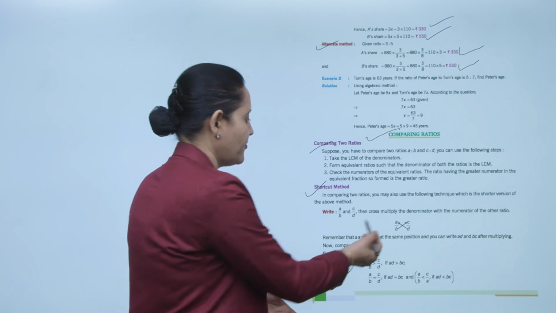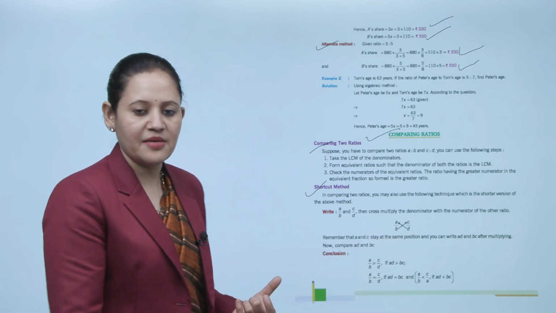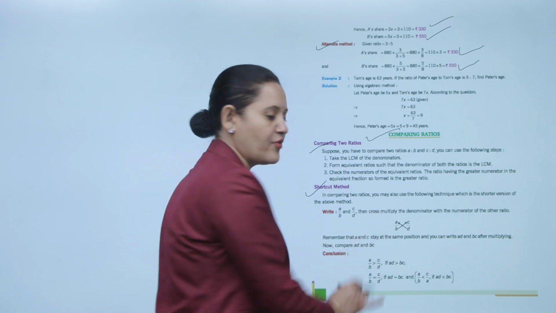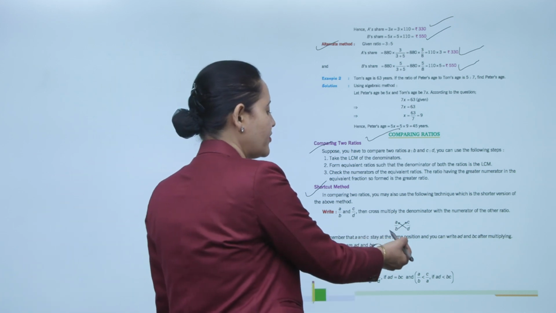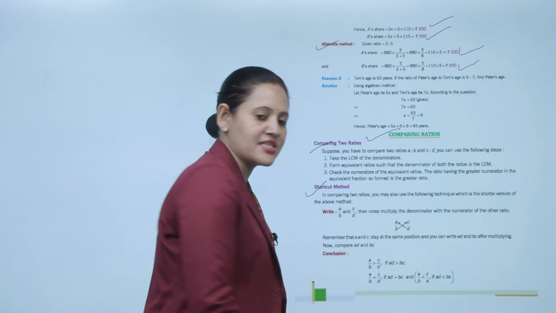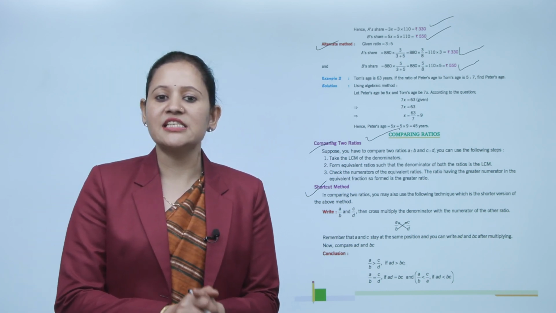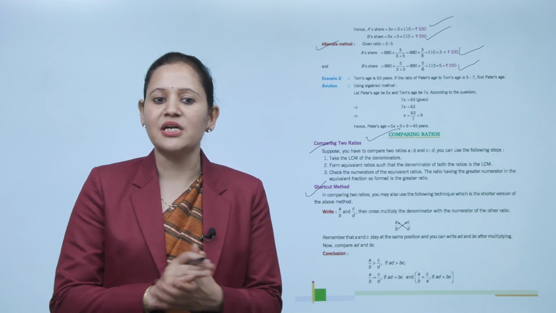Here one fraction is A upon B and the other fraction is C upon D. So what we'll do is multiply the numerator of the first fraction to the denominator of the other fraction, and the denominator of the first fraction to the numerator of the second fraction. Clear? Remember that A and C stay at the same position and you can write AD and BC after multiplying.